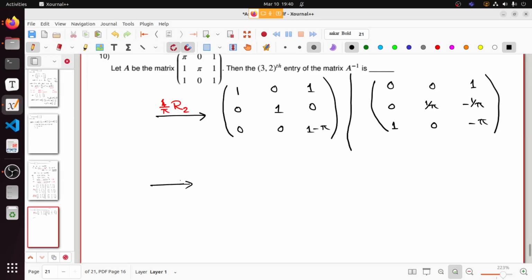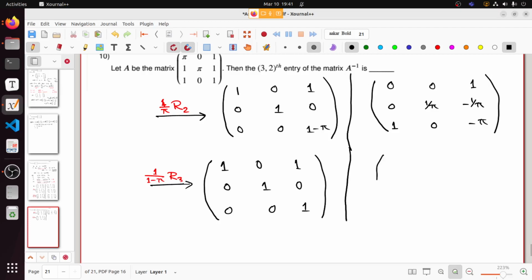Now you have to make this entry to be 1. So then what you will do, divide by 1 minus pi, that is 1 by 1 minus pi times R3, and it will become 1 0 1, 0 1 0, 0 0 1, and this side it will become 0 0 1, 0 1 by pi minus 1 by pi.